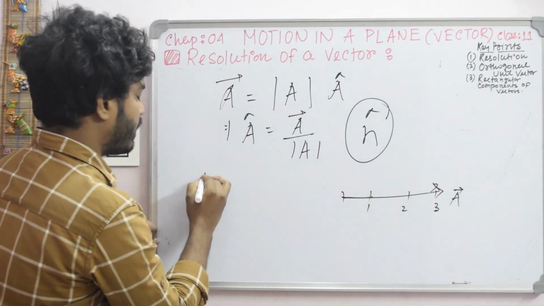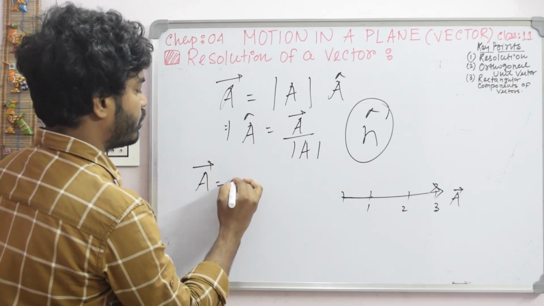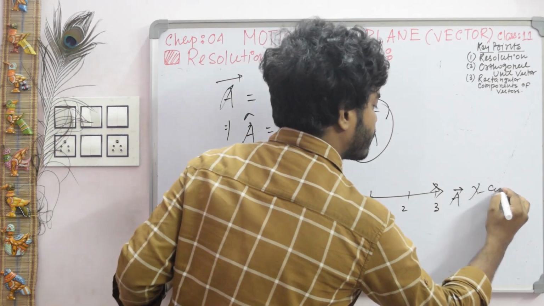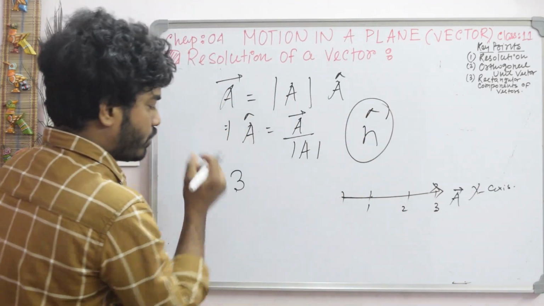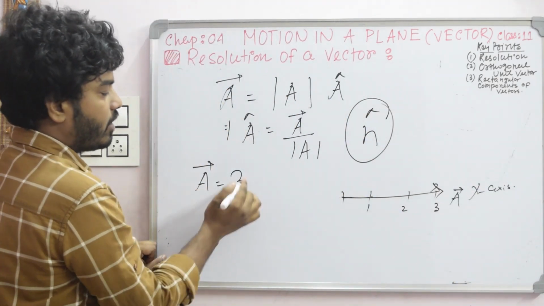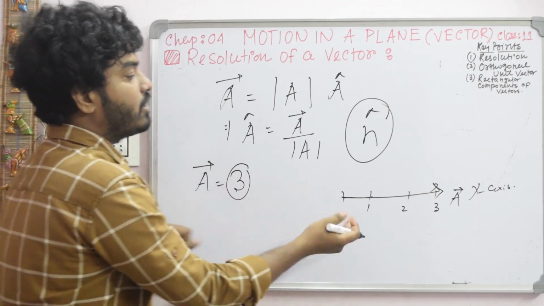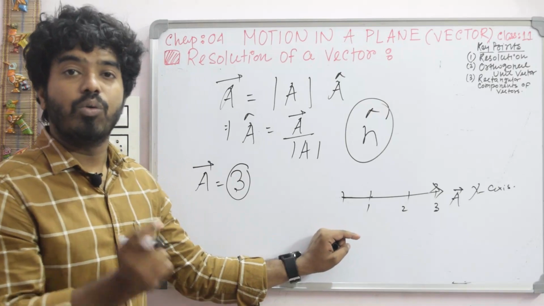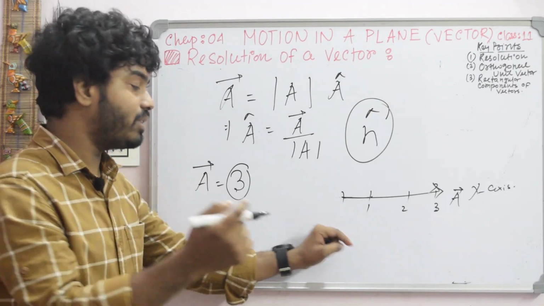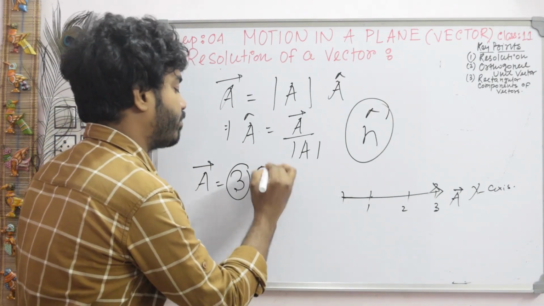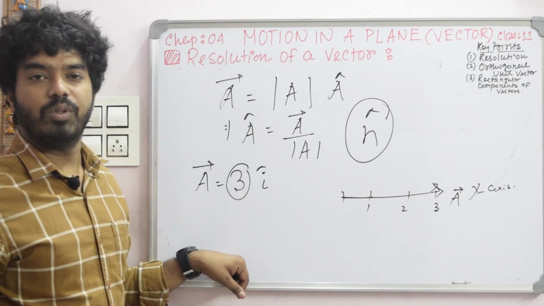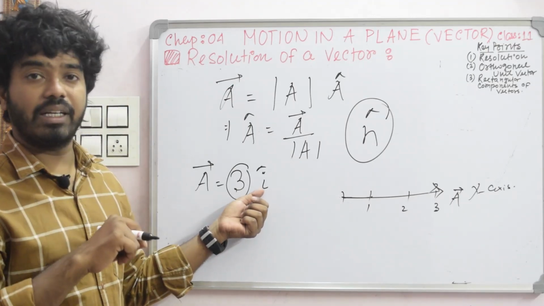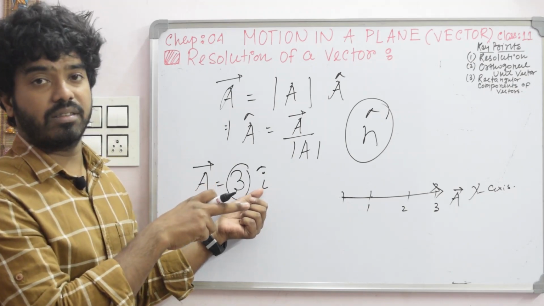So obviously we can say vector A is equal to magnitude 3, directed along the x axis. To represent the direction of a vector along the x axis, we use a unit vector which is named as i cap. i cap gives the direction of a vector along the x axis.